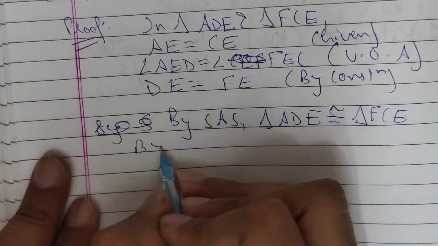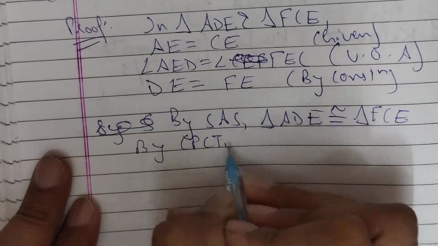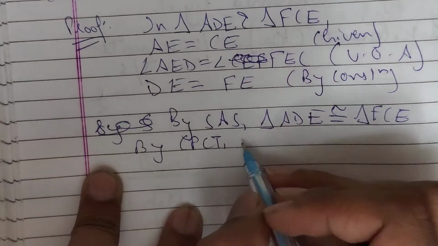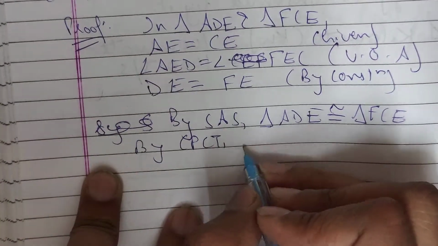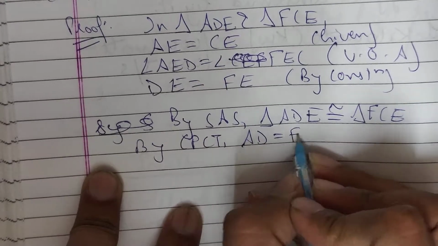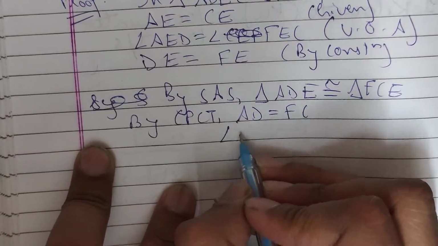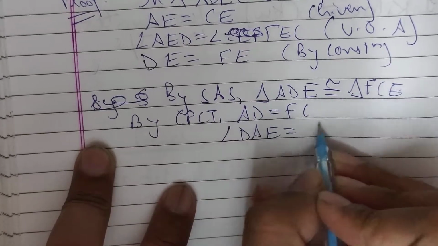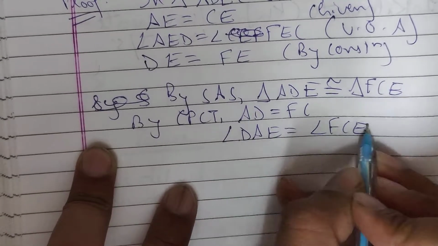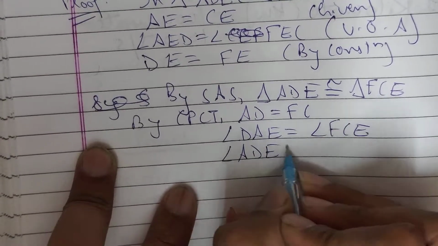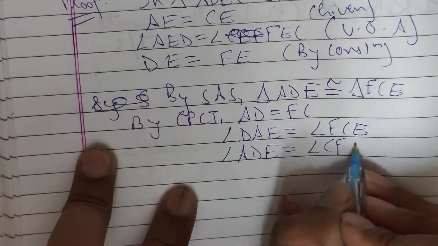So by CPCT, we can say AD is equal to FC, angle DAE is equal to angle FCE, and angle ADE is equal to angle CFE.